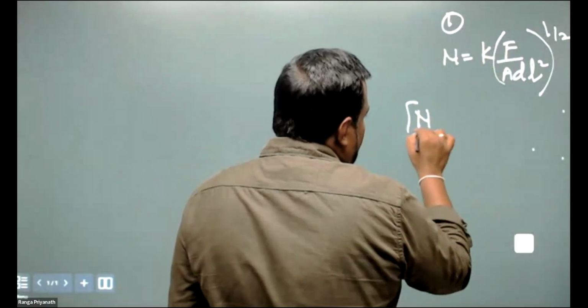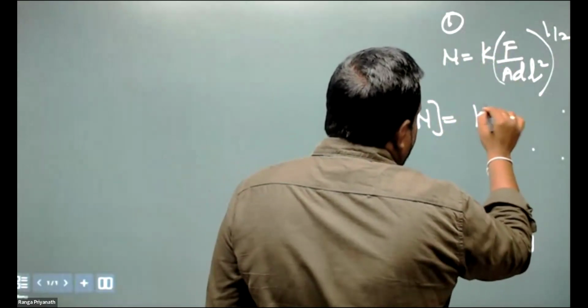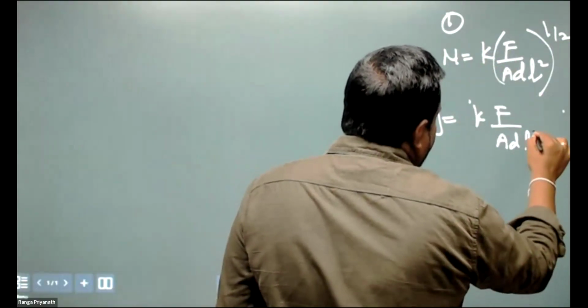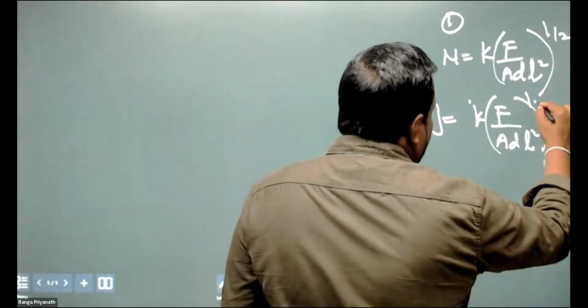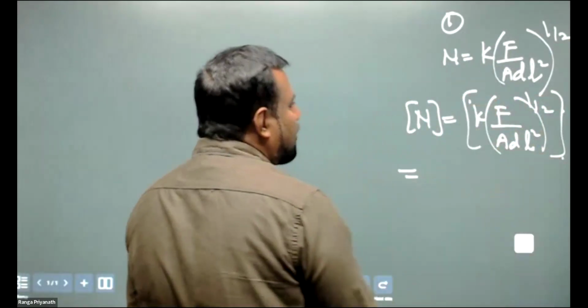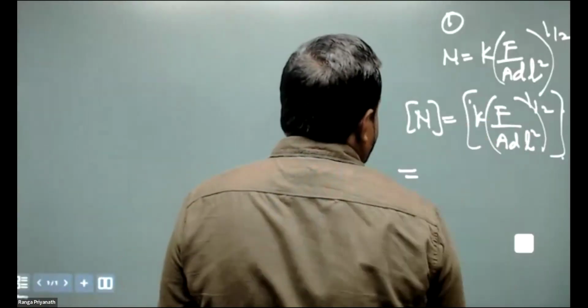Dimension of K F over A D L squared, root. Now you have to find the dimension of each and every quantity here.